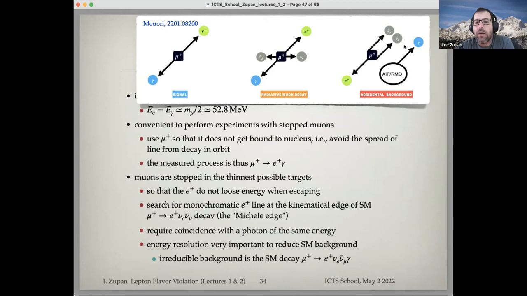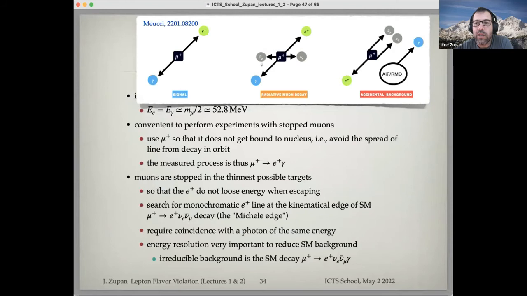And then there are accidental backgrounds, where you have just photons from some other process, and then you have the tree-level decay, mu plus to e plus, neutrino e, anti-neutrino mu, and then you combine a photon accidentally with the positron, and it gives you exactly the muon mass when you combine the two. Right? So you have to design the experiment to make those as small as possible.